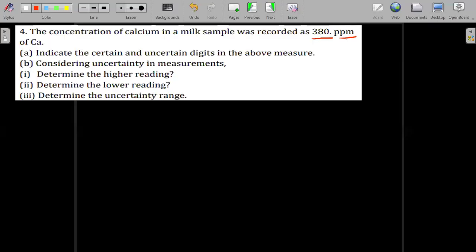So this ppm means parts per million, of the calcium. So the first question here, they're saying indicate the certain and the uncertain digit in the above measurement. So this above measurement is 380.0, and then parts per million.